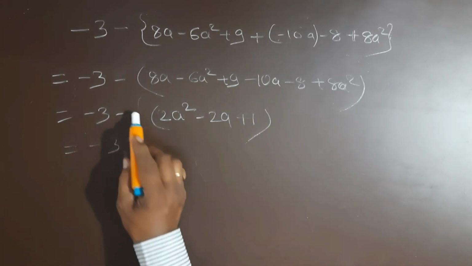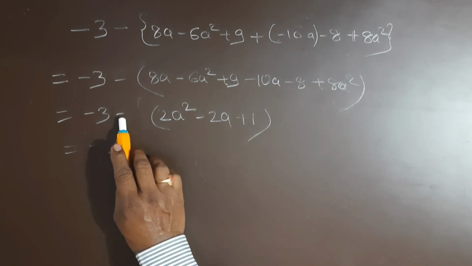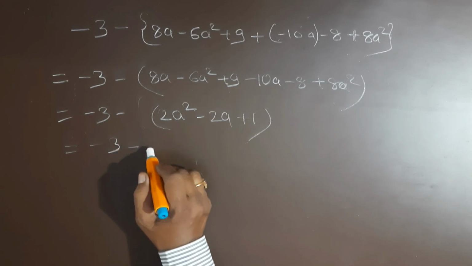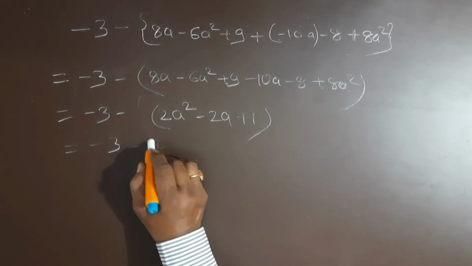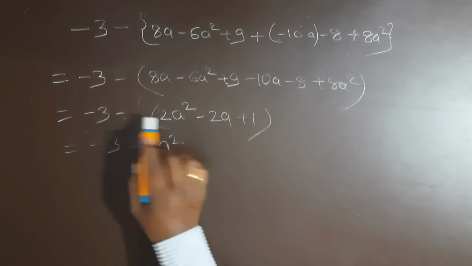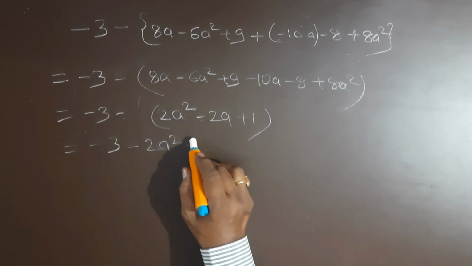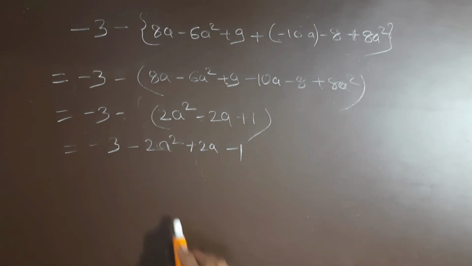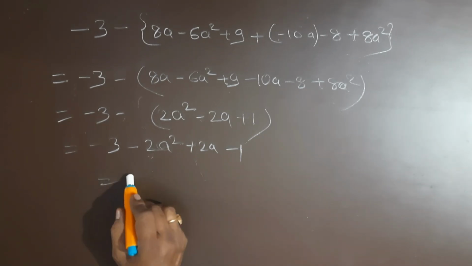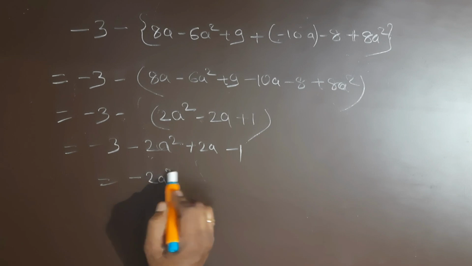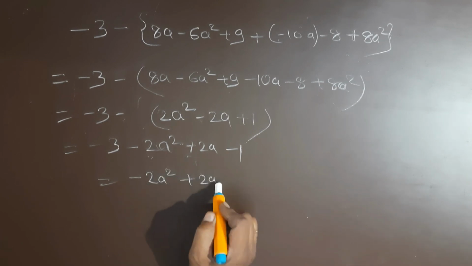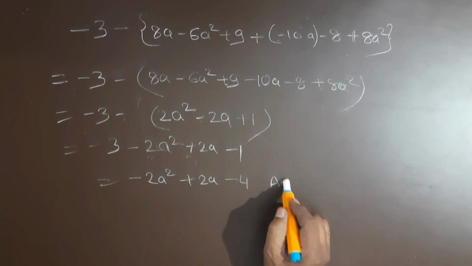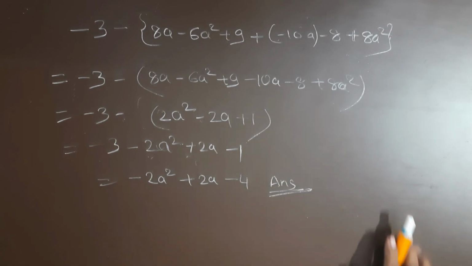Now minus 3, if minus is there before bracket, what happens? We have to change all the signs. Minus 2a becomes plus 2a, minus plus becomes minus 1. This one as it is, we will write it here: 2a square plus 2a minus 3 minus 1 becomes minus 4. I think this is your final answer.